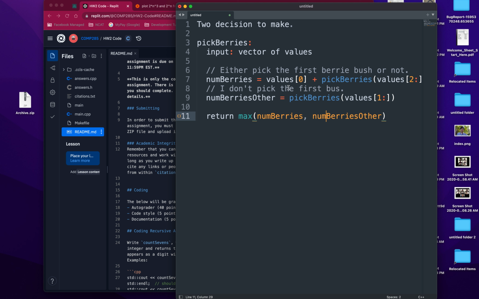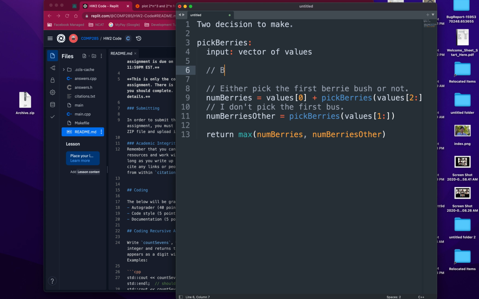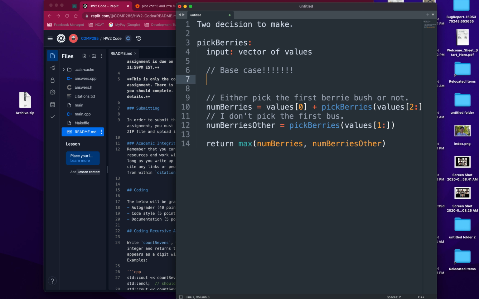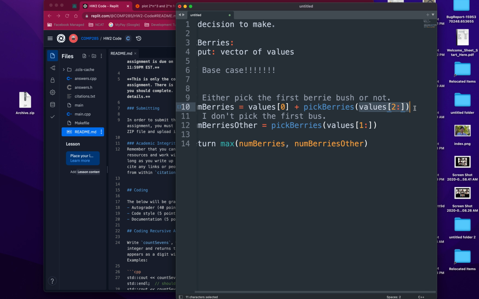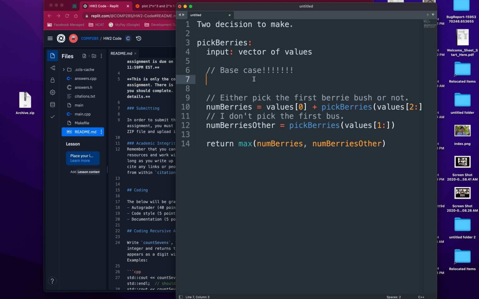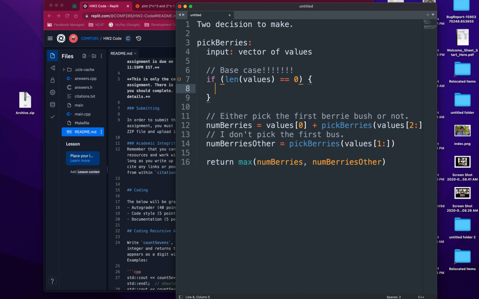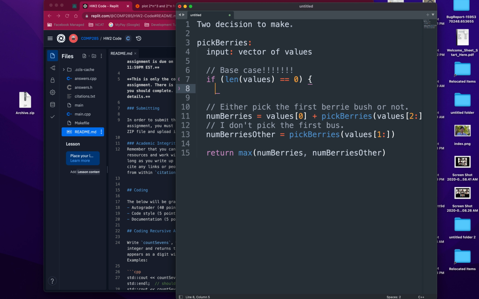The one thing that we're missing, of course, is base case. So in this case, there's actually 2 base cases. If you notice here, we actually call ourselves, we assume that values is bigger than or equal to 2. So our base case actually corresponds to if the len of values is 0. So if it's empty, then we cannot pick any berries.